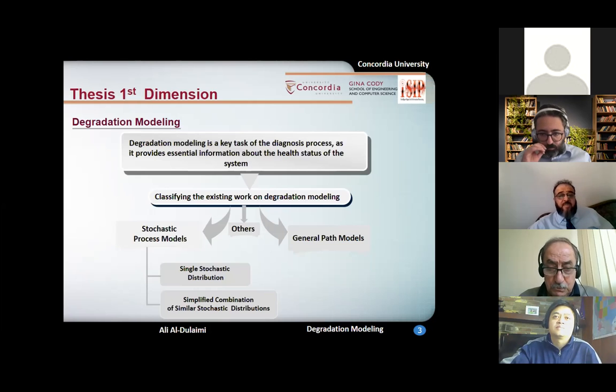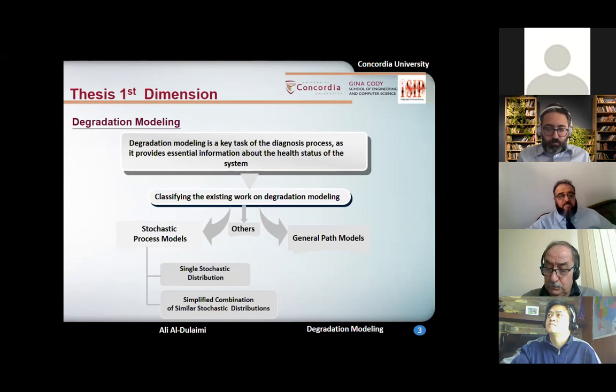However, there are some other models, such as the data-driven ones, that cannot be classified in either of them. The focus of the degradation modeling in our thesis is the stochastic process models.